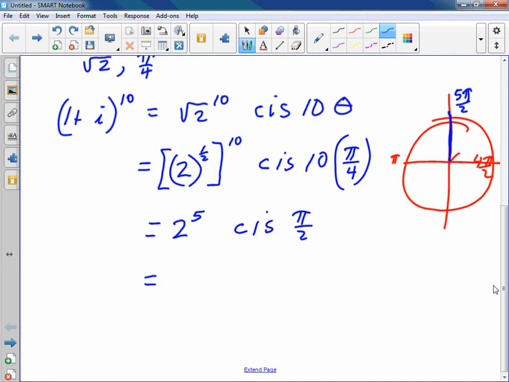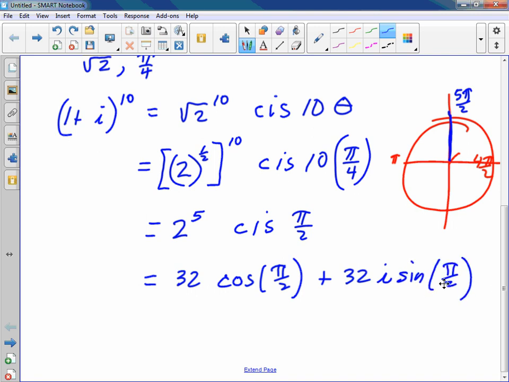So 2 to the 5th equals what? 32, good. And then we can go 32 times cosine pi over 2 plus 32 times i sine pi over 2, right?